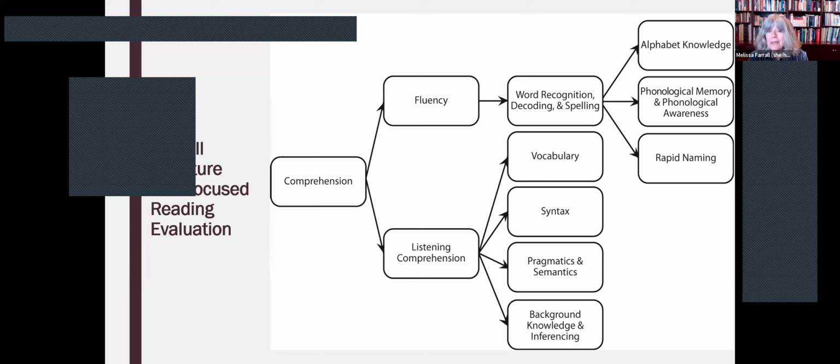So sometimes that disconnect is in the processing of the language and not so much in the decoding. That's something I don't feel that we look at or talk about very much, because I don't think we have a way of measuring the ability to take in language with speed.